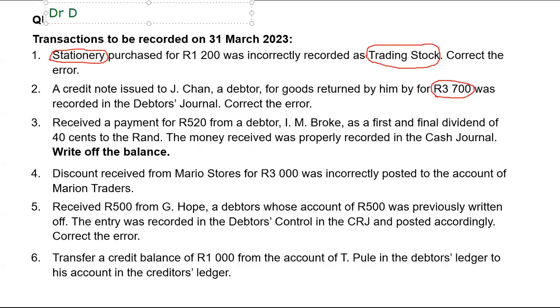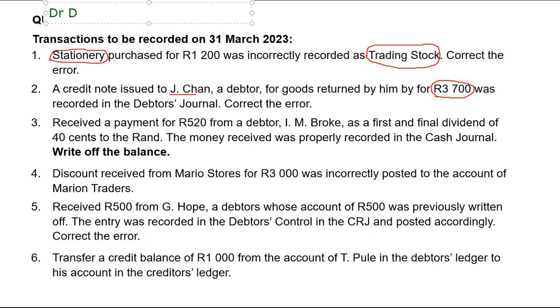This is what was done. They basically debited the name of the debtor. Let me not be lazy and just check the name of the debtor. Oh, it's J. Chen.